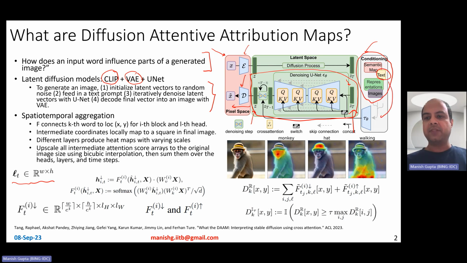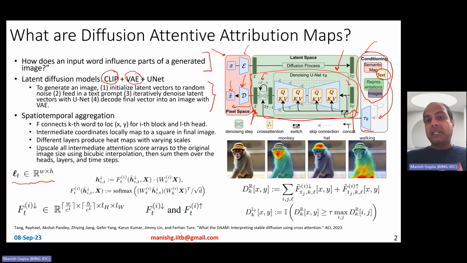You do some text embedding and feed in the text prompt. The third step is that you iteratively denoise the latent vectors with the UNet. What you see here is basically the UNet, and this is done iteratively, for T time steps. The final decoded vector that you get is Z. You pass it to the decoder of the VAE, and that gives you the decoded image. So that's how a typical latent diffusion model works.